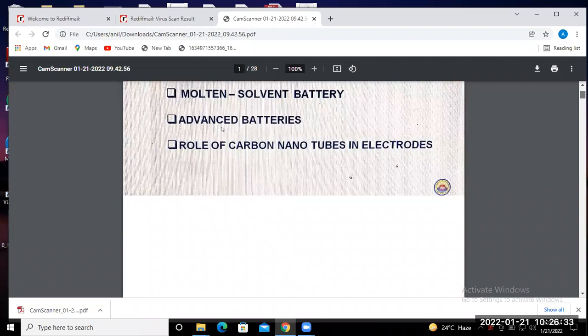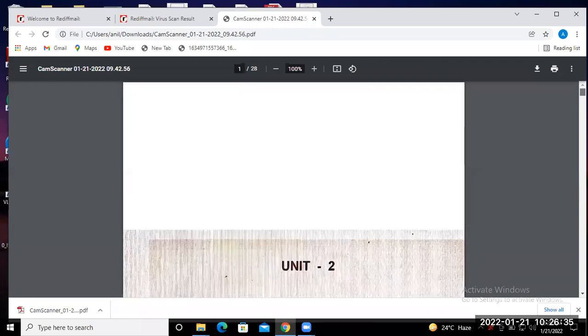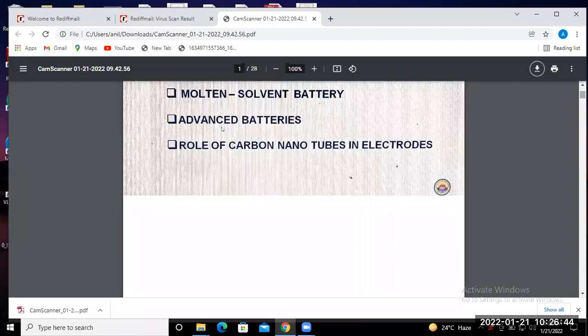Okay. So today we are going to discuss batteries. That means the molten solvent battery, advanced batteries, and the role of carbon nanotubes in electrodes.